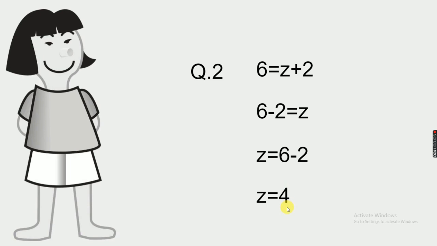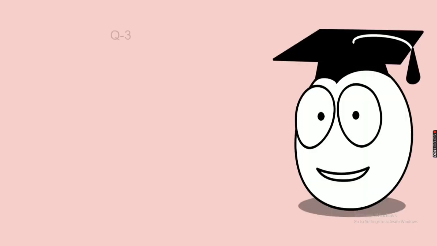Solving this, 6 minus 2 is equal to 4. So we got the value of z, which is 4. This is how we find out the value of our variable z. Okay, let us move on to the next sum.